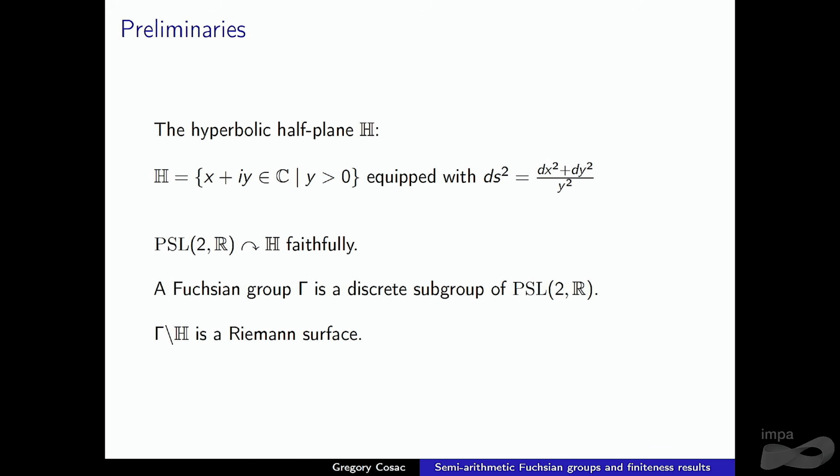It's a Riemann surface, right? I'm going to define later on arithmetic and semi-arithmetic Fuchsian groups, and then for gamma, we say that this surface is arithmetic or semi-arithmetic accordingly. So these are the objects that we're interested in here, and we can associate to these objects some arithmetic data.